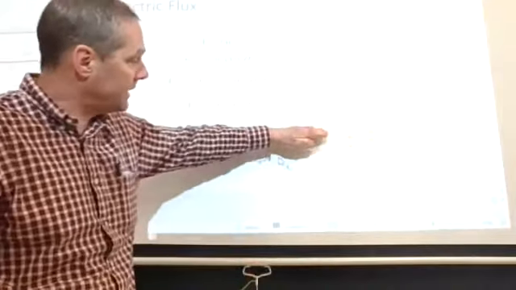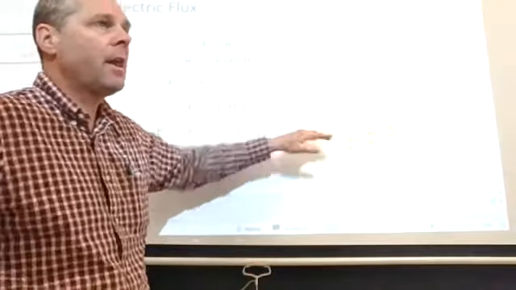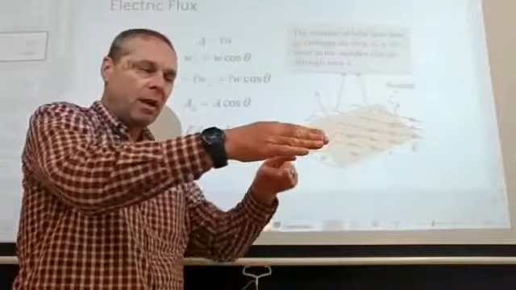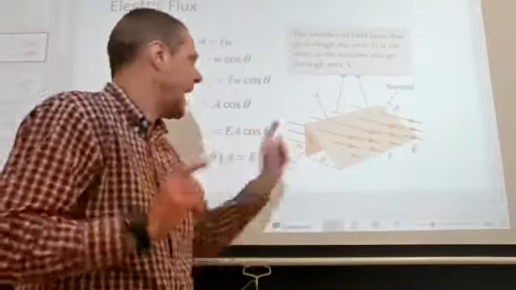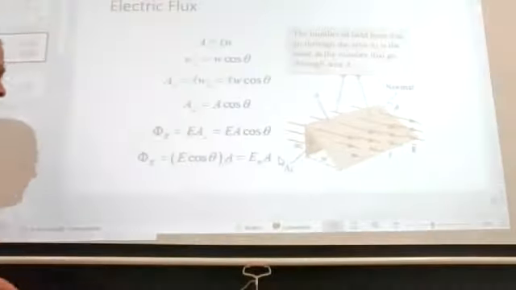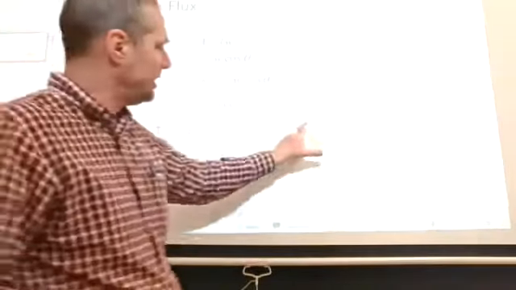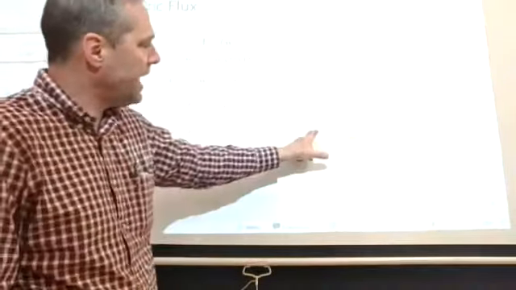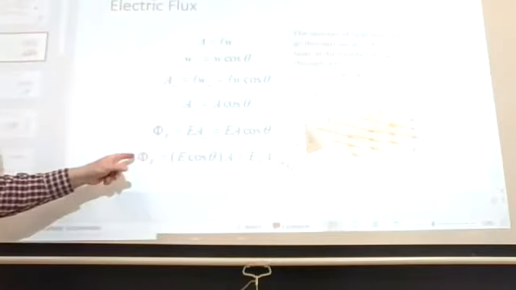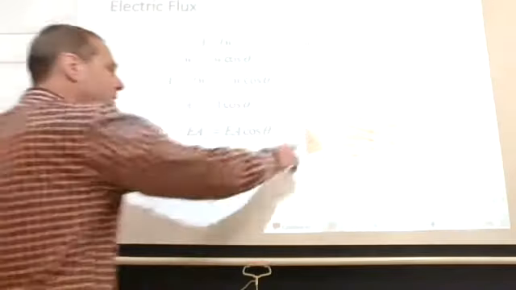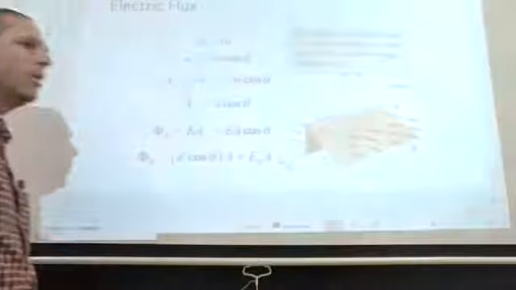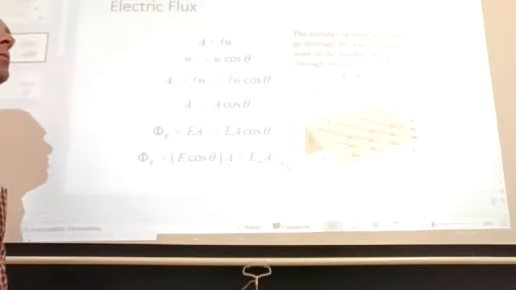But let's say we take a surface and bend it, so it comes in at an angle. Now the field lines are coming in at an angle. Because of that, it's going to change the electric flux, because the field is now going through a greater area, which is going to reduce the electric flux.